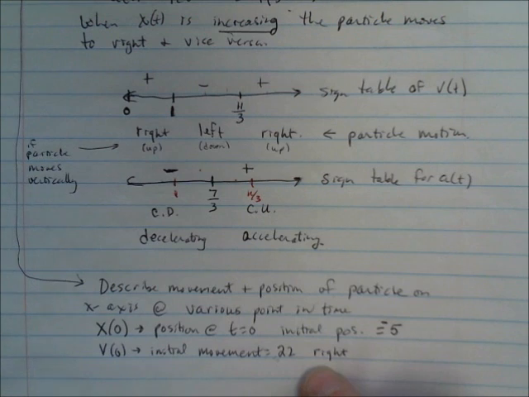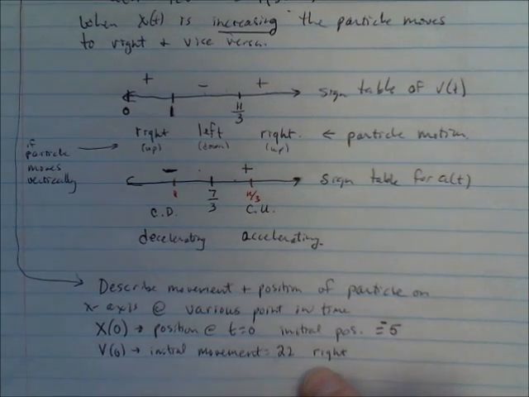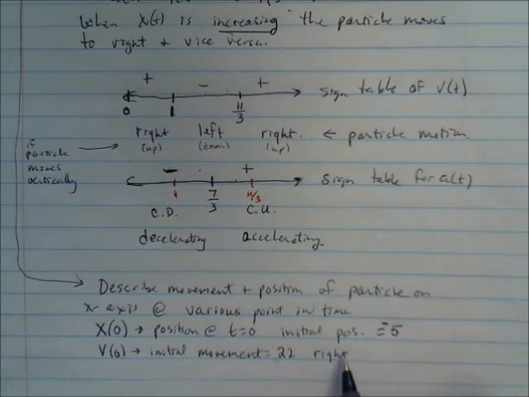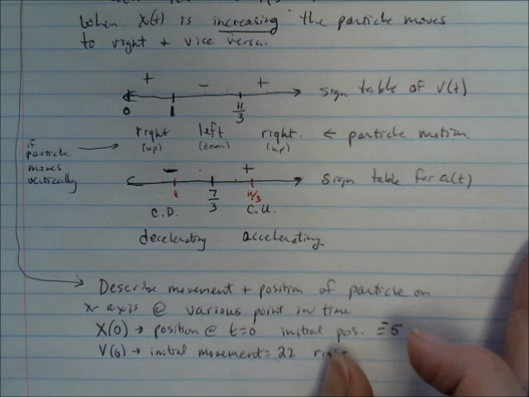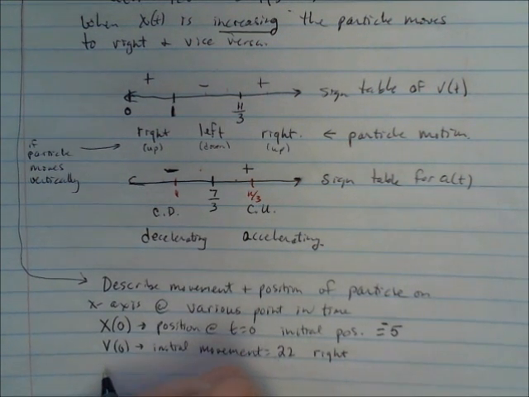And then if we want to know where the particle stops and turns around, so in other words, it starts at negative 5, it goes to the right, where does it stop and turn around? Well, it stops and turns around where the velocity is equal to 0.